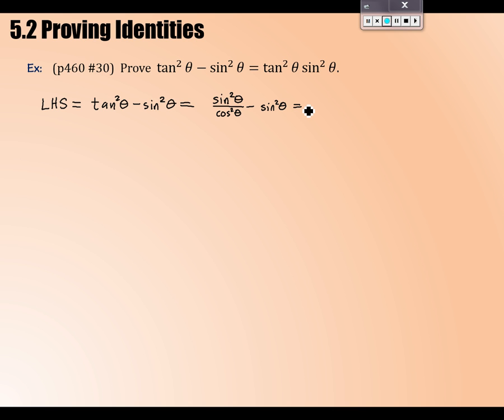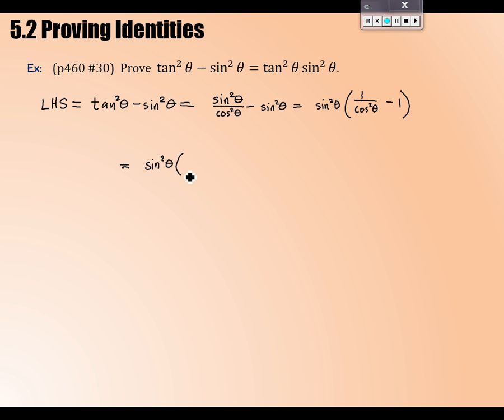What did you do next that was helpful here? Maddie says factor out a sine squared. Do you like that idea? So inside the parentheses there we have sine squared theta.